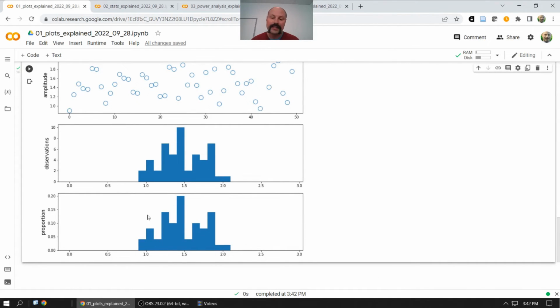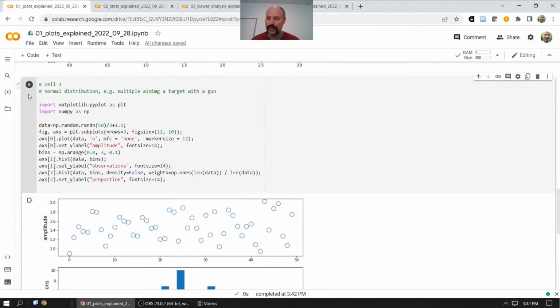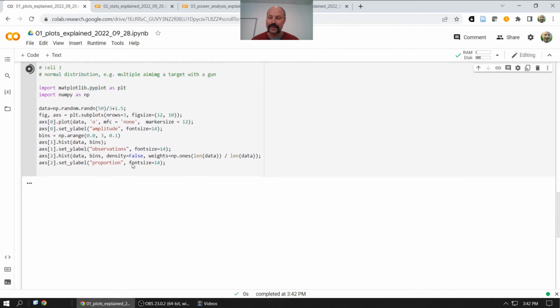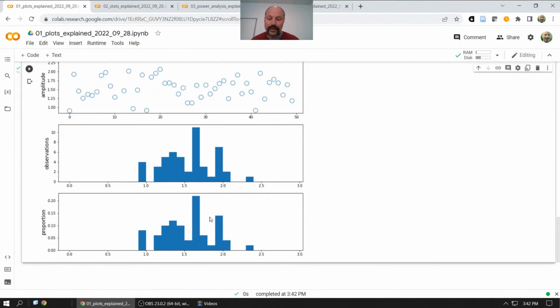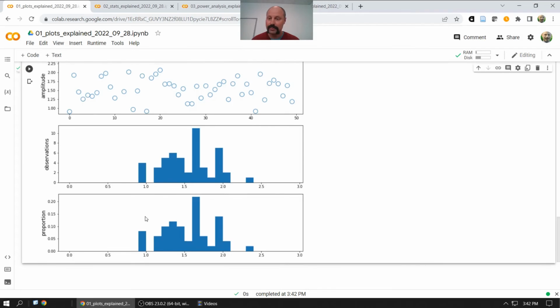Again, you can say that this looks pretty noisy with no clear preference for the center of the range. You see there are a few peaks here and there is something around this spot.